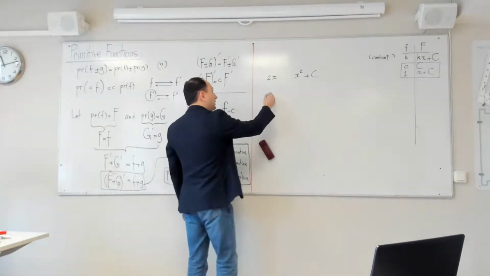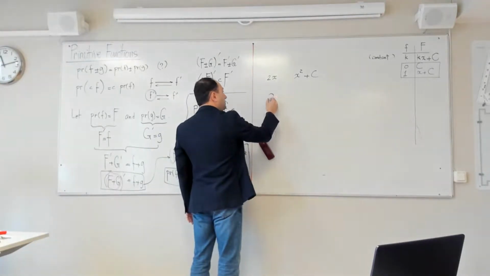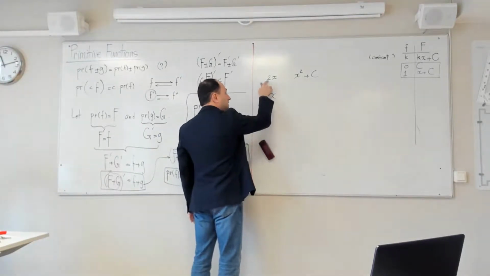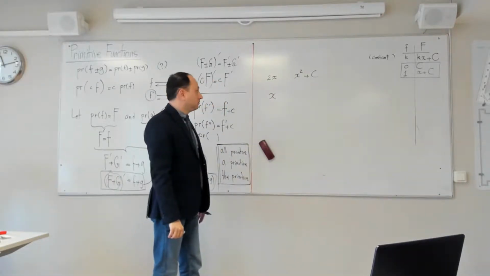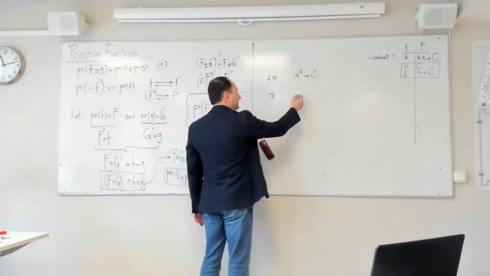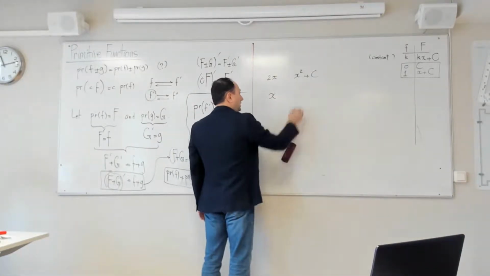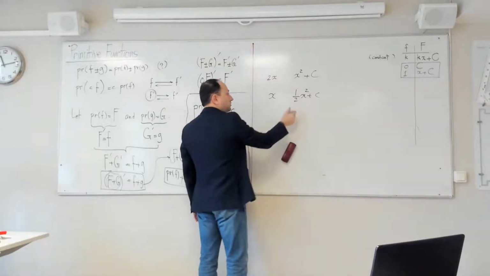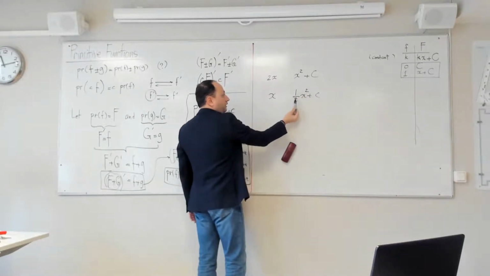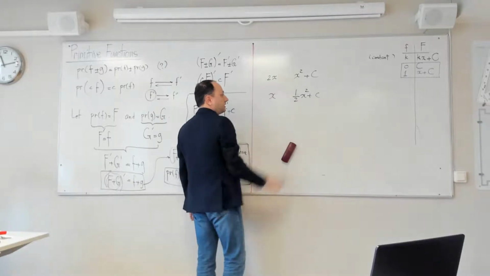If I ask you what is a function whose derivative is x, not 2x, then what can I do? What is the answer here? A half x squared, yes. Because when I take the derivative, this 2 will go down and will cancel this half, then I will get x.